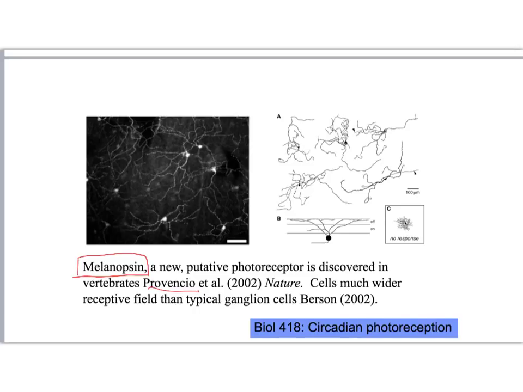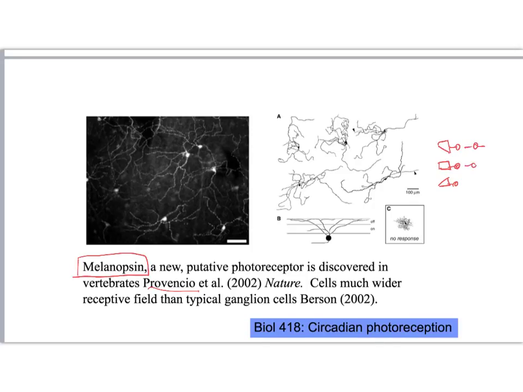And the interesting thing is that this protein looked a lot like a photopigment, that is, a protein that could respond to light, like the opsins that are present in rods and cones, but it looked more like an invertebrate photopigment. But in any case, it looked a lot like a photopigment, but instead of being expressed in the rods and cones, which is what you'd have expected if those were the only photoreceptive cells, right?